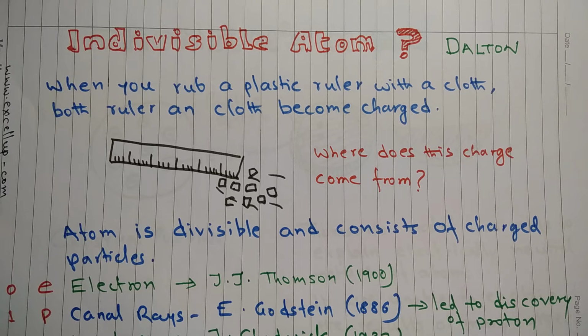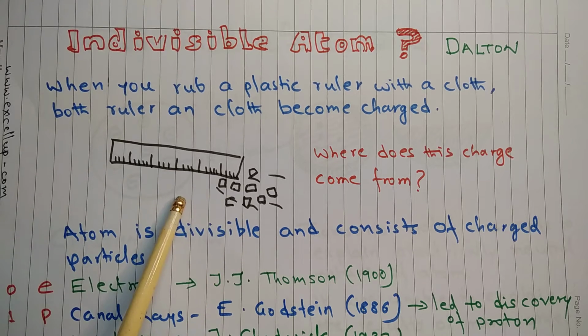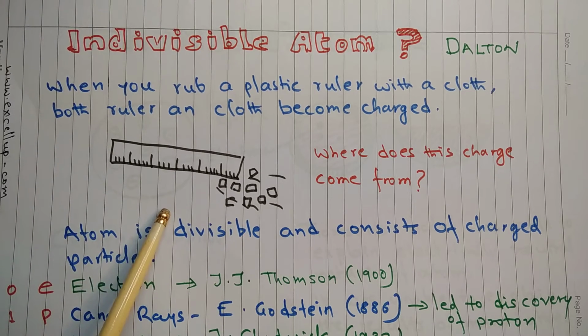For example, when you rub a plastic ruler with a cloth, both ruler and cloth become charged, and this can be shown by the fact that when the charged ruler is brought closer to small pieces of paper, those pieces get attracted towards the ruler. This happens because of electrostatic force, because of the charge on the ruler.